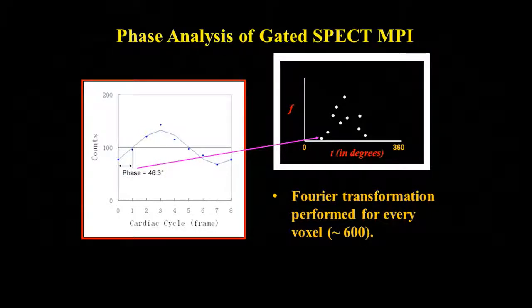So that is the frequency. The frequency represents the number of voxels contracting at that phase in the cardiac cycle, and the x-axis is the phase of the cardiac cycle.